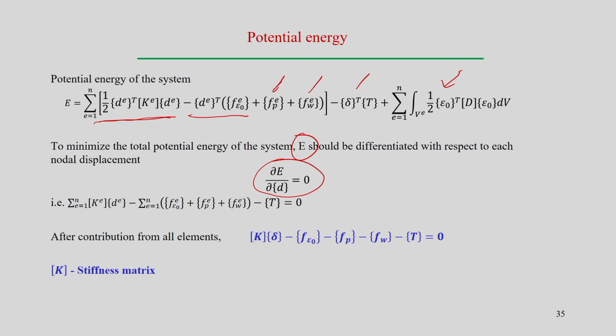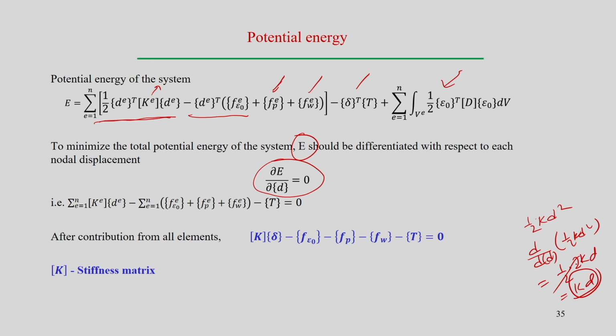So once we do that with respect to d, the nodal displacement field, we can see in general something like half k d square. Taking d by dd of half k d square, we get half of twice k into d, so basically we get k into d.